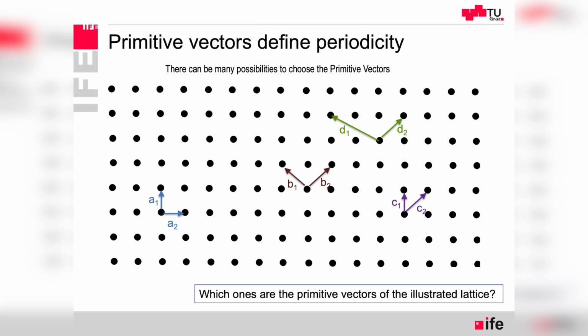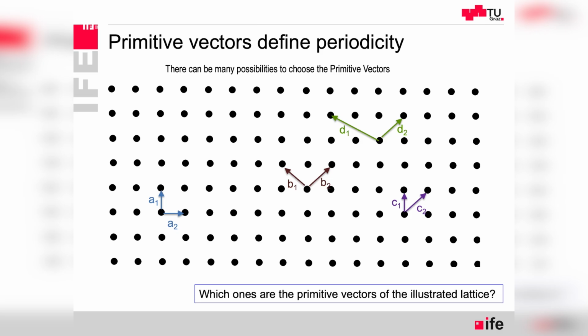With these 2 vectors, we cannot construct the given lattice. So not all the possible vectors connecting the points are primitive vectors, but there is a large selection of such primitive vectors that form the lattice. But usually we would choose the ones that are most symmetrical and most obvious, like A1 and A2.